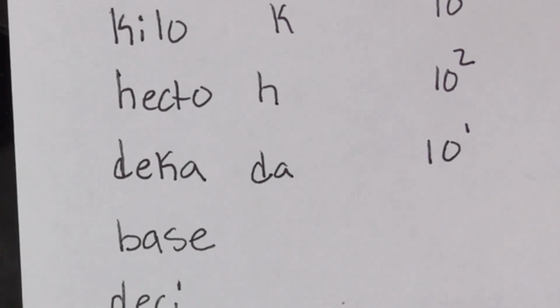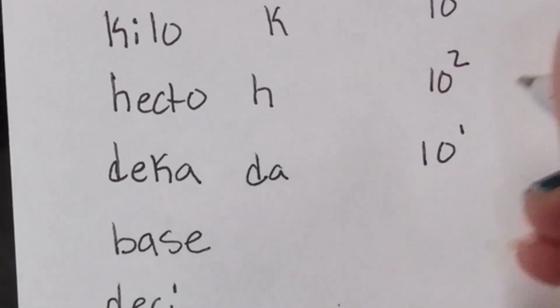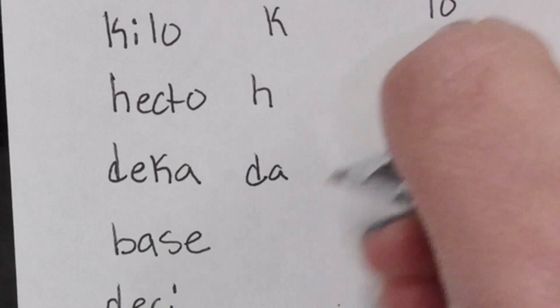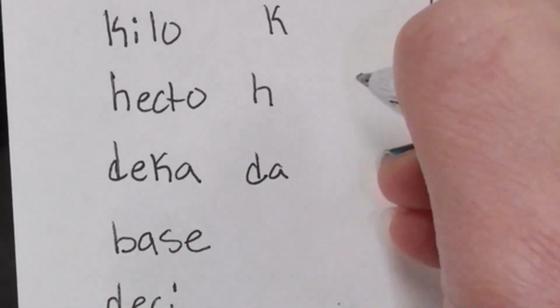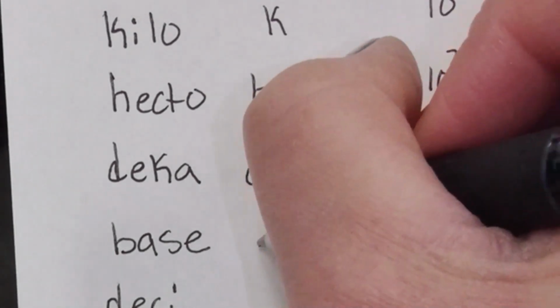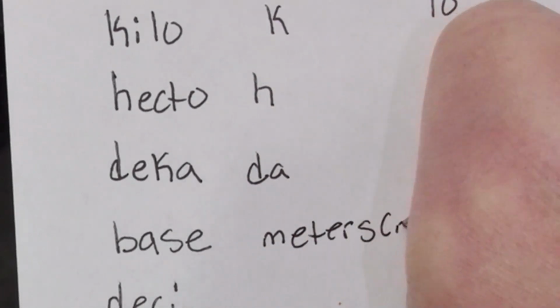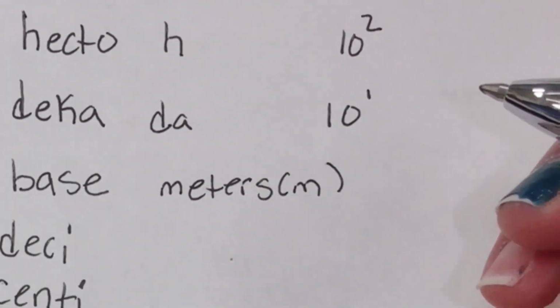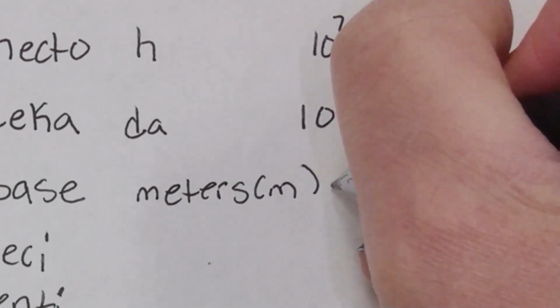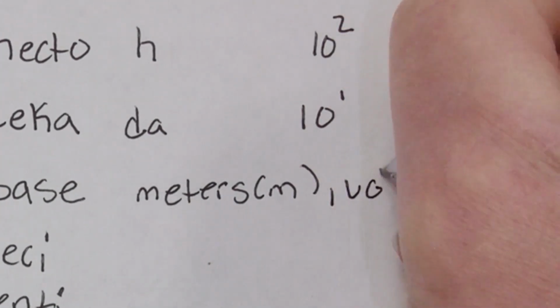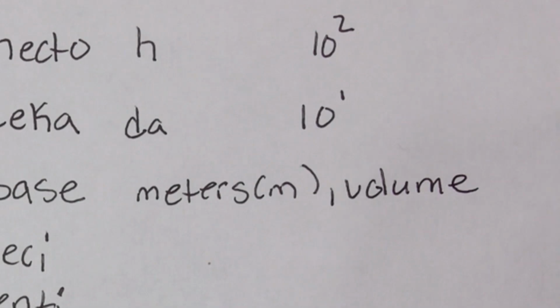And our base unit is going to be, if we are in distance, we would use meters, which is M. If we were looking at volume, we would use the L for liters.